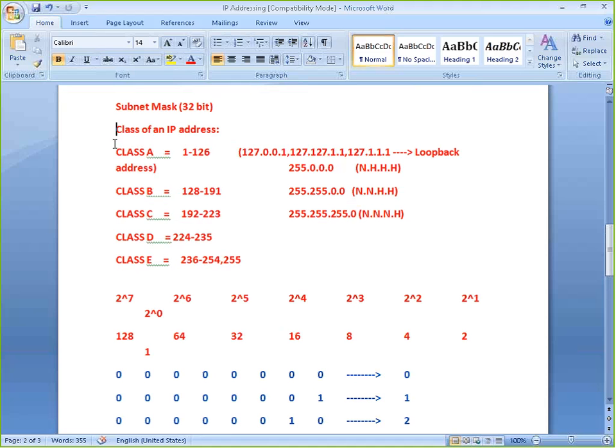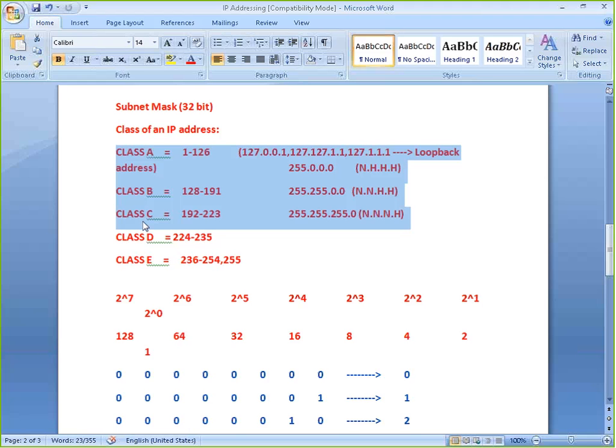Now, out of the 5 classes that we have here, these 3 classes, that is class A, class B, and class C addresses, are used commercially. What I mean by commercially is that on the networks, for computers or for devices, typically we make use of IP addresses within class A, class B, or class C. These are the classes that are used for assigning IP addresses to individual devices.